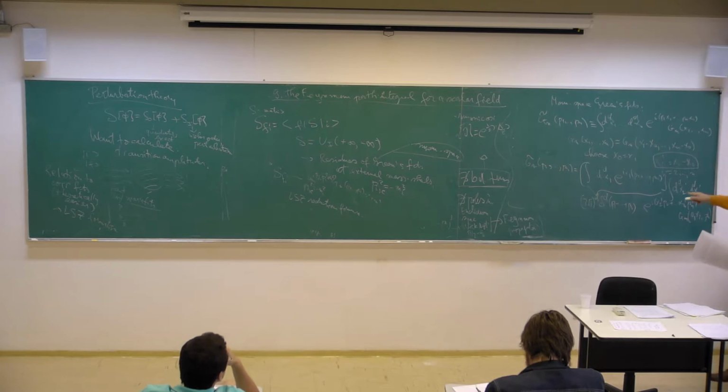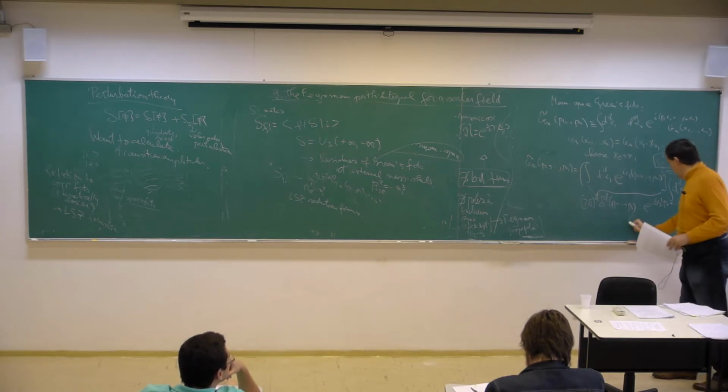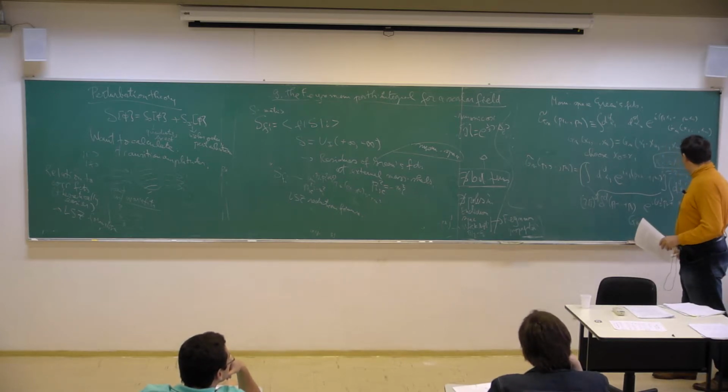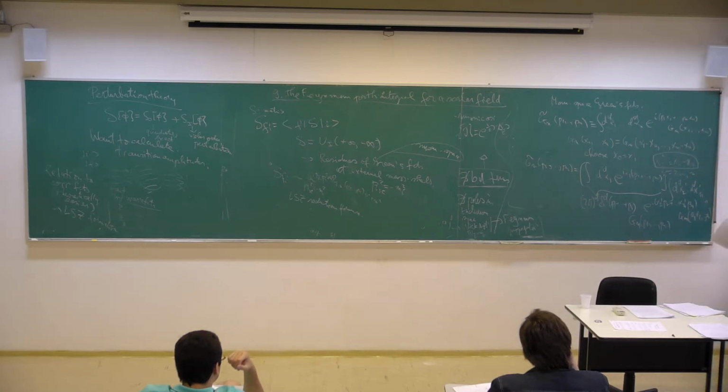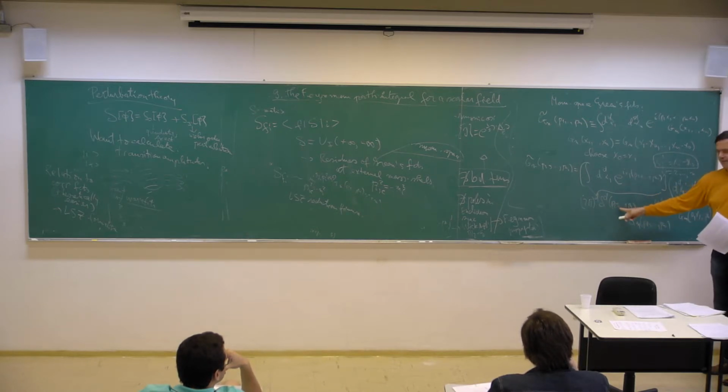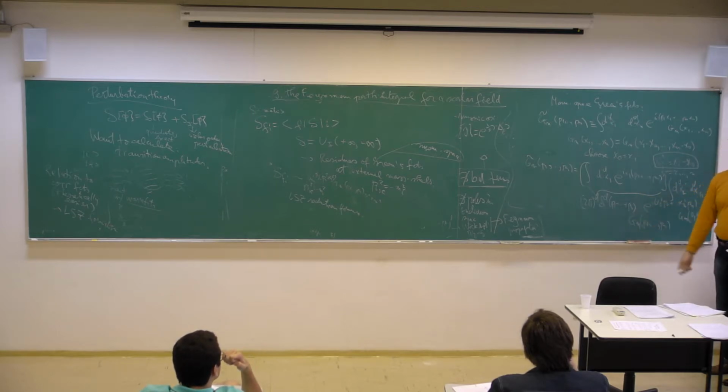And then this thing that is well defined, I will call Gn of p1 until pn. I mean, strictly speaking, it's p2 until pn, but because it's multiplied by the delta, I can formally write it as p1. I can use the delta function to rewrite it in any way I want.